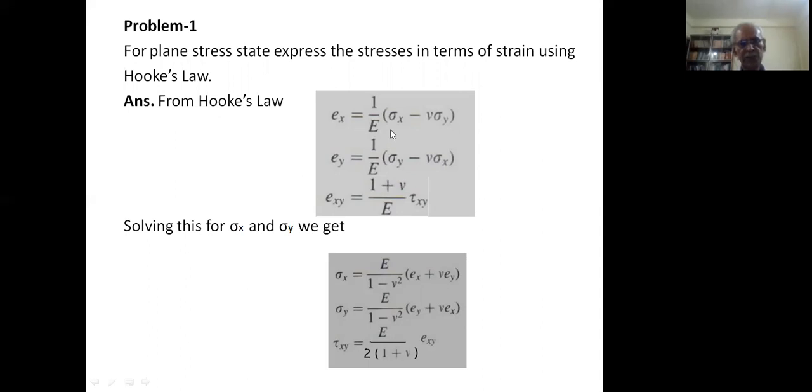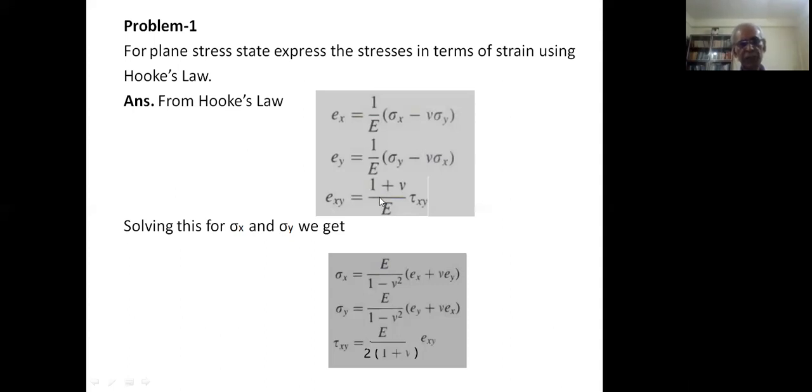Epsilon x equal to 1 by E sigma x minus mu sigma y. Sigma z is not there. Epsilon y is equal to 1 by E sigma y minus mu sigma x. Sigma z is not there. And epsilon xy is 1 plus mu. Here there will be 2 here. 2 into 1 plus mu by E into tau xy. This 2 is missing.